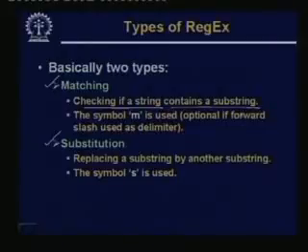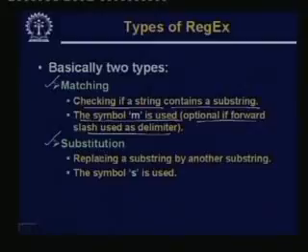The example that we had shown earlier was an example of matching. Now, for matching we use the symbol M, as we shall see with some examples, but this M is optional if forward slash is used as the delimiter. In the previous examples we were using forward slash, that is why we did not use this M. Okay, we will see some examples of when this M is necessary.